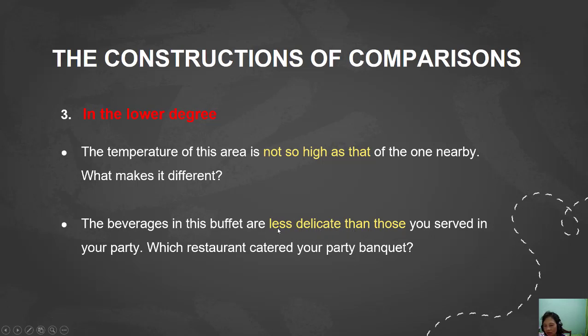So you use the word less here other than the word more, because we talk about the lower degree, so use less. And don't forget the word than. Usually or commonly for this construction, we use the word that contains one syllable, but we use less here if the word contains more than one syllable.